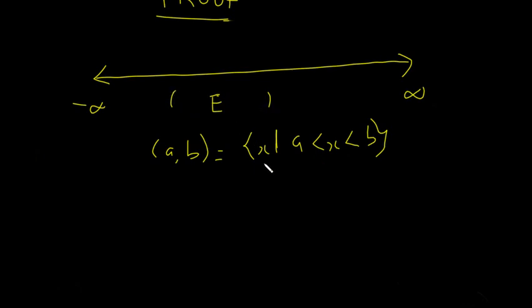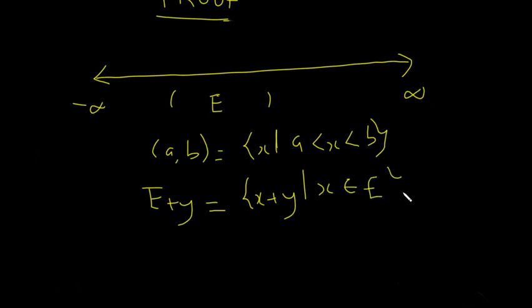If you are to translate this set by a factor, say Y, that's going to be E plus Y. This is going to be every X we have here plus the Y, such that X belongs to E, and Y is also a real number.